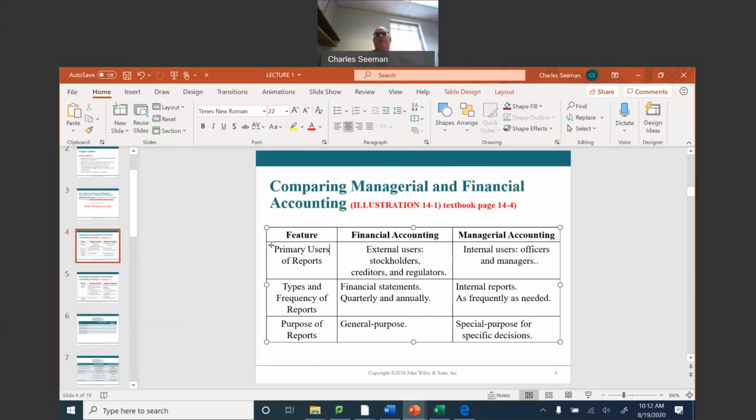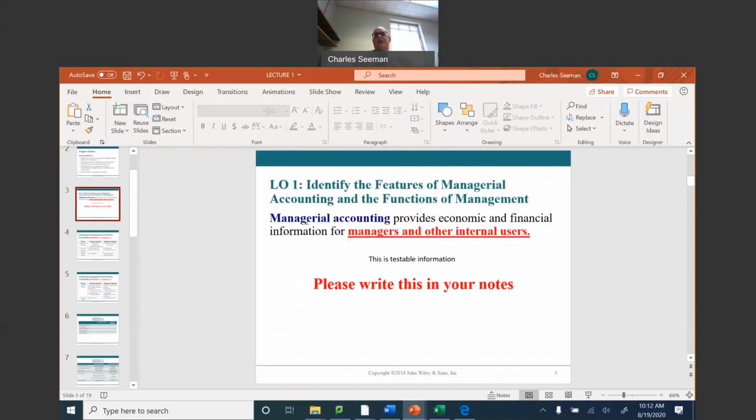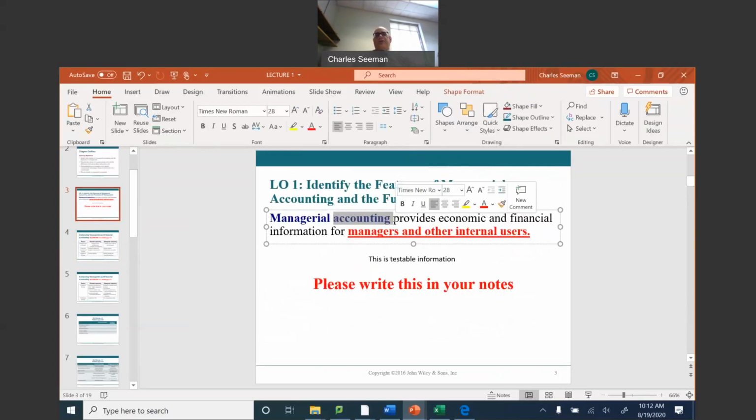Okay, so a feature, primary users of the report. So remember, I said that accountants provide information to certain people. Financial accounting provides information to external users like investors, creditors, and regulatory agencies. Managerial accountants provide information to their coworkers, the other managers in the company, and to other internal users.